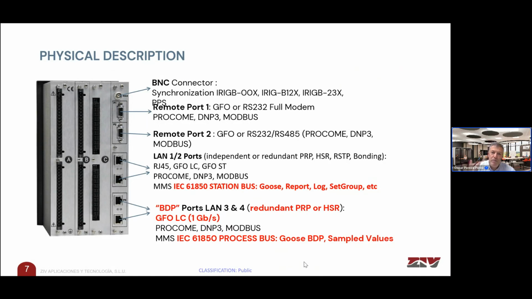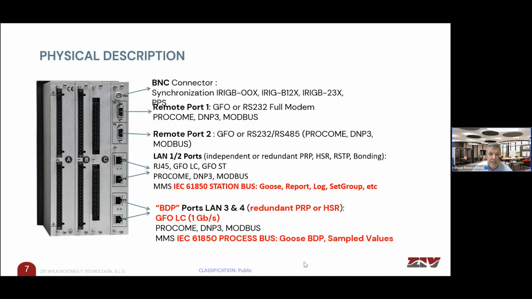The important part comes when we talk about the Ethernet ports, LAN 1, 2, 3, and 4. Out of those 4, the most relevant for this specific application are LANs 3 and 4, because they are the ports that we use for the IEC 61850 process bus. Those specific ports are intended for the communication between the central unit and the bay units. They are ports that operate at 1 gigabit per second.